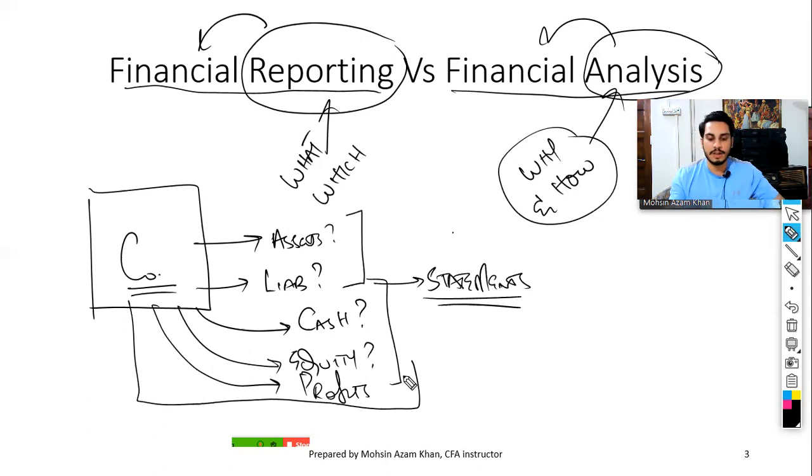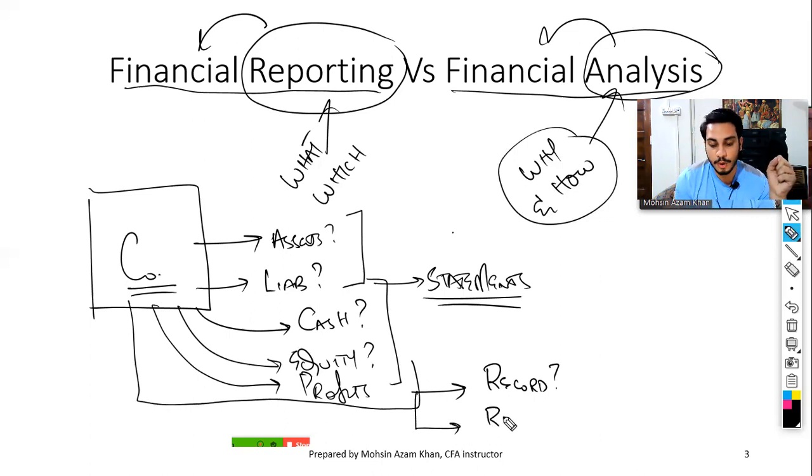So I can say in reporting, first, how do we record: in which account we take a credit side, in which account we take a debit side, in which account we need to make the entry, out of which account we need to remove the entry. This is called recording. Number two, we need to understand where to report, which statement to report this in.